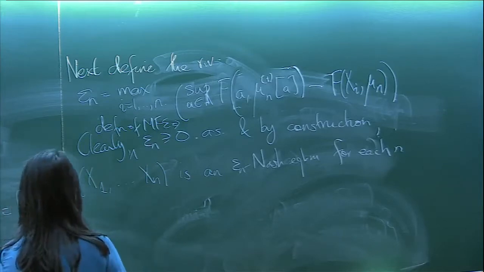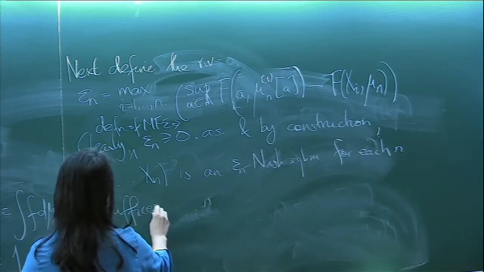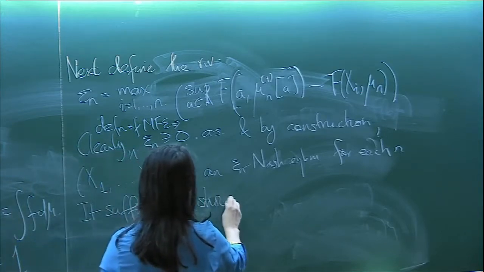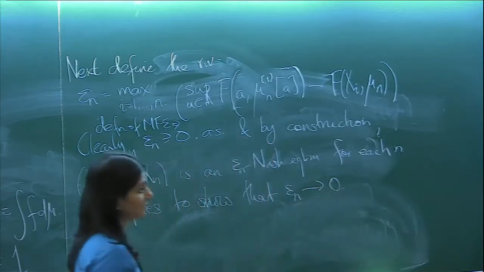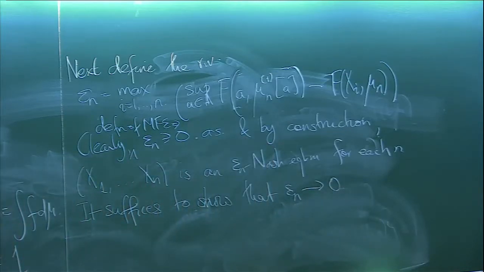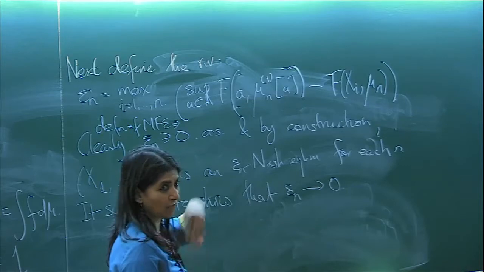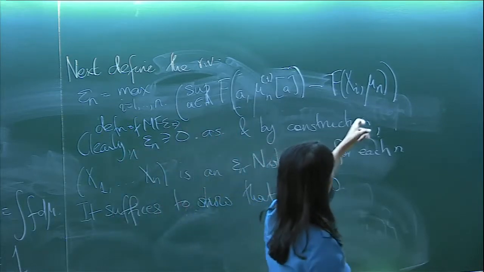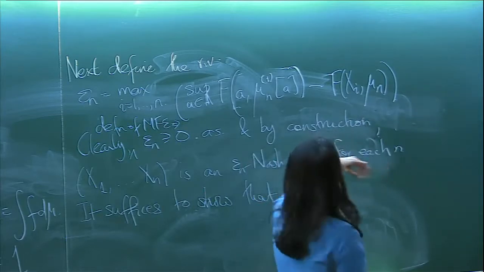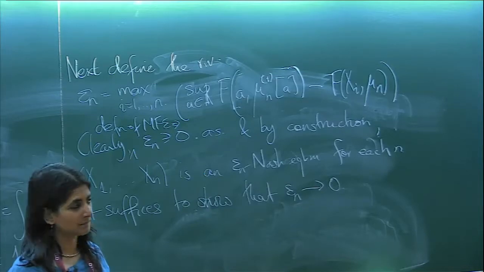Okay, so now I claim that it suffices to show that epsilon_n goes to 0. Why? Suppose I can show that epsilon_n goes to 0. Then I can choose some realization of the X_i's, some omega, for which mu_n(omega) goes to mu, and I take that X_i(omega) and I set a_i to be that X_i(omega).